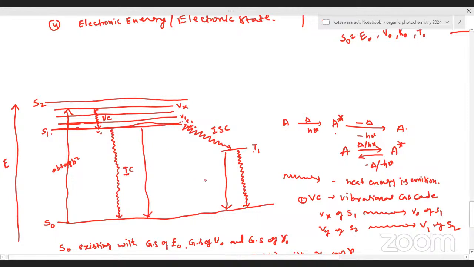Now here there are three kinds of transitions: 1, 2, 3. Again, this is intersystem crossing, ISC. This one is called phosphorescence, from the T1 state to the ground state, involving emission of light. This is the fluorescence.